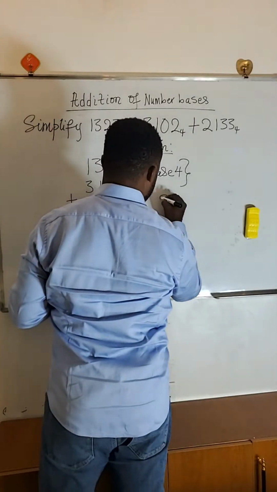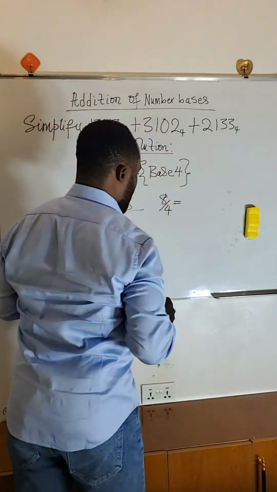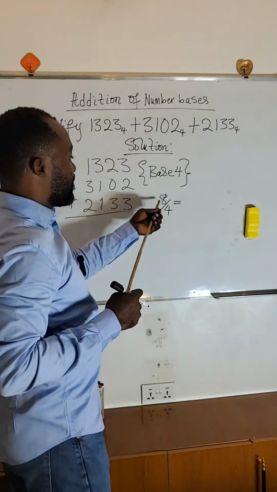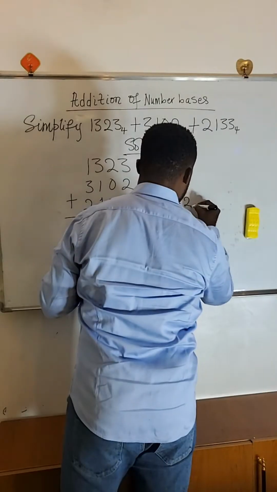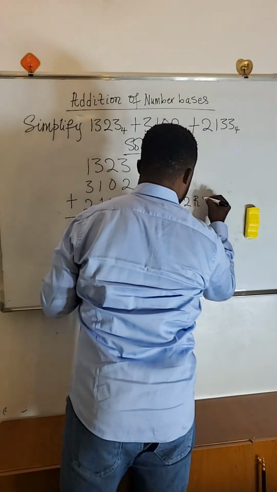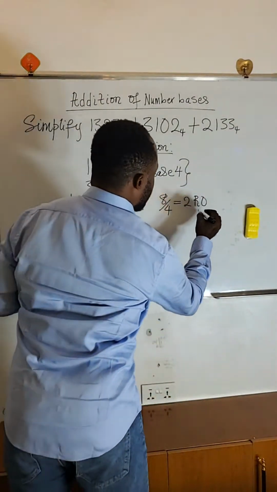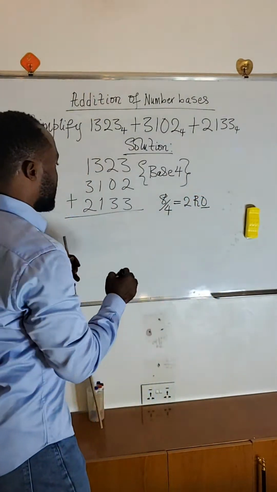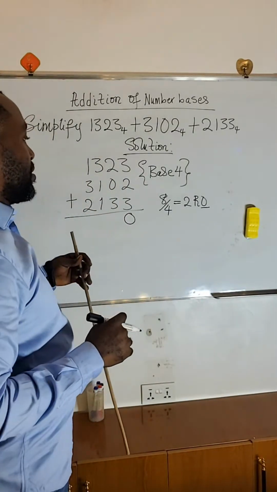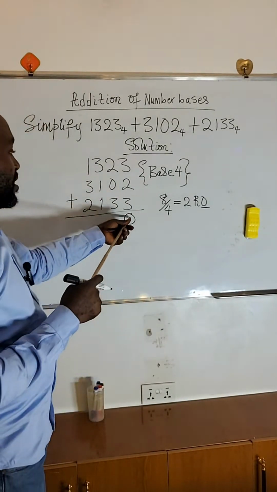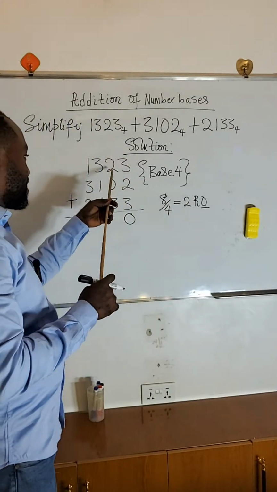So we will rather say 8 divided by 4. If we divide 8 by 4, the answer will be 2, remainder 0. It is this remainder that we will have to write here, and then we'll carry this 2 to the next line.